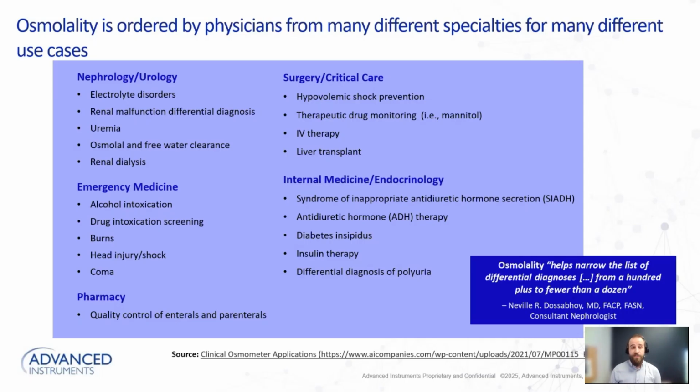It's used in the pharmacy as a QC tool. So if you're preparing an infusible, if you prepare it correctly, it should have the same exact osmolality every time, right? If your osmolality is different after an infusible is prepared, then it's likely that it was prepared incorrectly and won't have the desired effect. So it can be used as a QC tool in pharmacy as well.